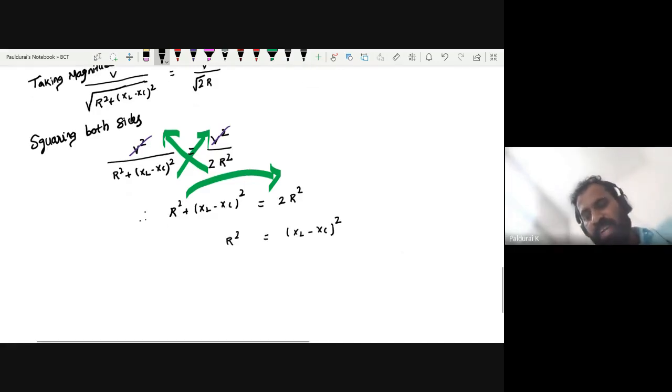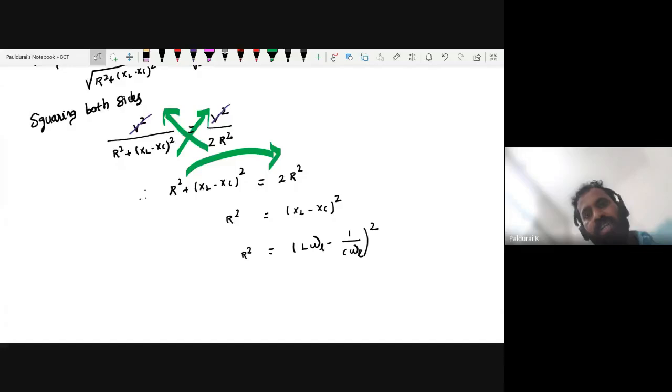Where XL equals L omega, XC equals 1 by C omega, but this is I took at FL, right? So omega becomes omega L. Okay, so this is my R squared. Now, removing the square, you want to take the square root.